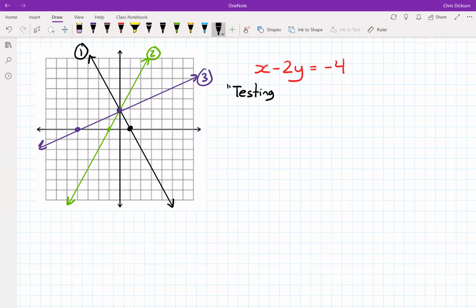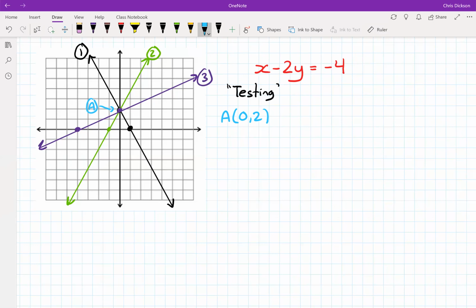So I'm guessing, since they all go through a y-intercept at the same place, that this equation probably has a y-intercept of 2. But let's just test that. Let's pick that point. I'll call that point A. And the y-intercept here is at 0, 2. So that's A right there.